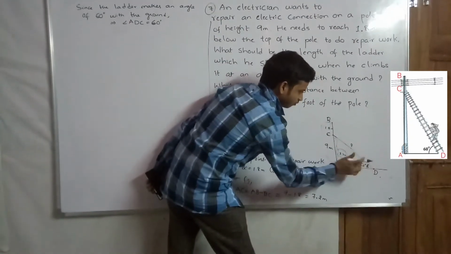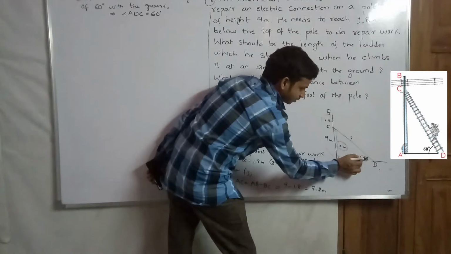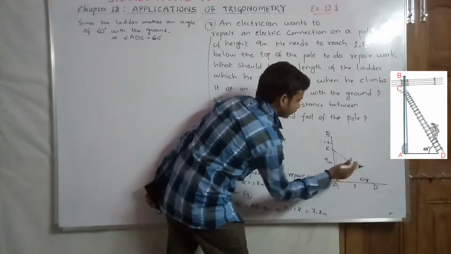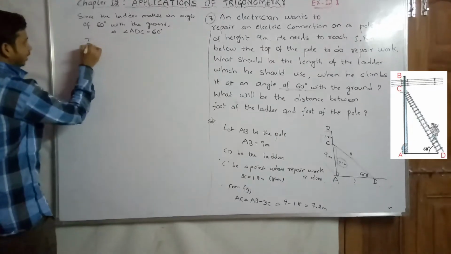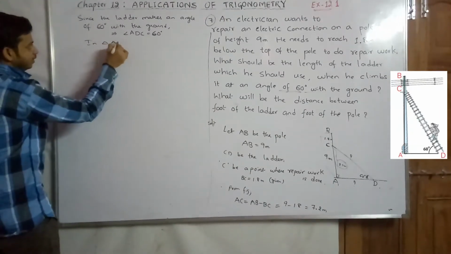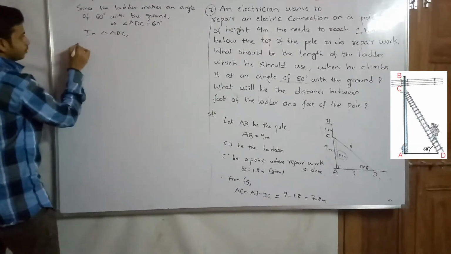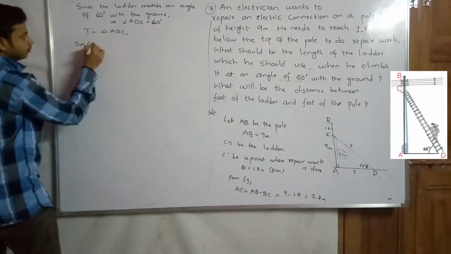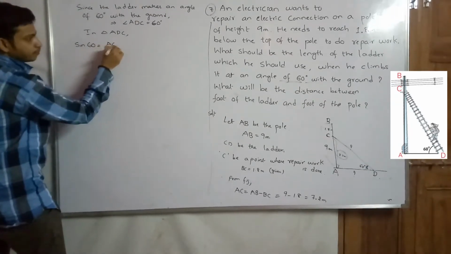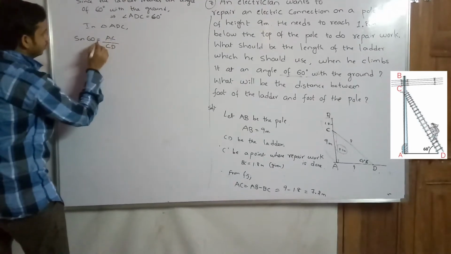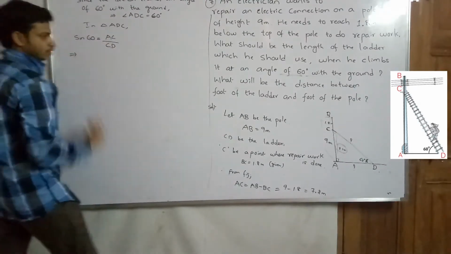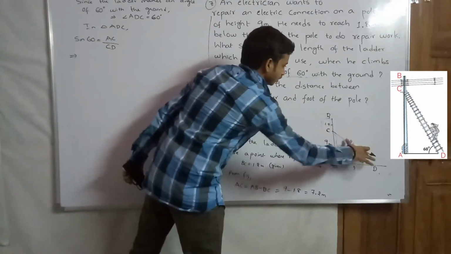If we apply sine 60, we can find the value of CD. So in triangle ADC, sine 60 equals AC by CD, opposite side by hypotenuse.